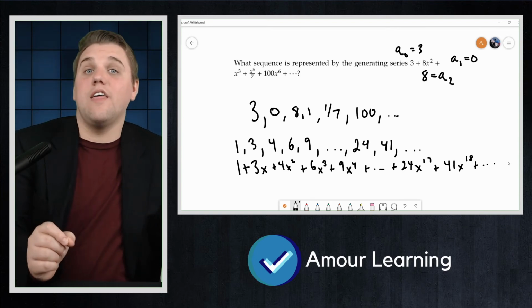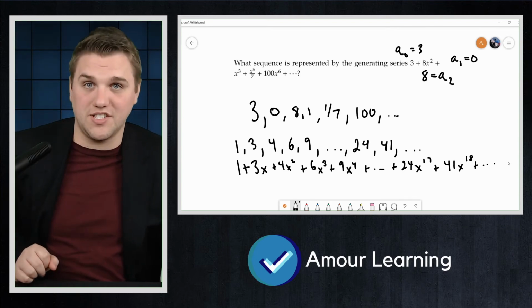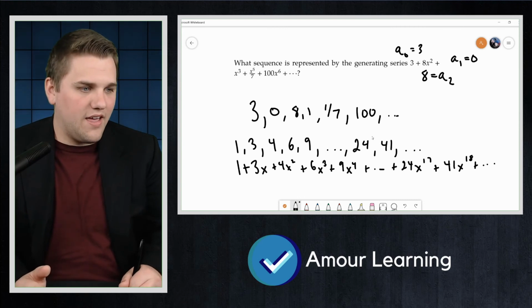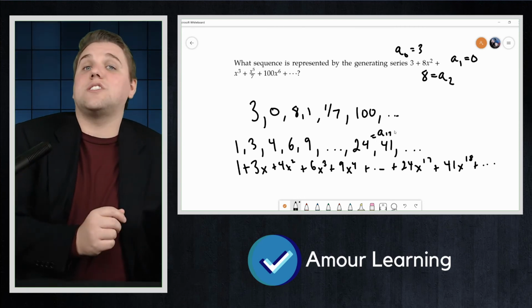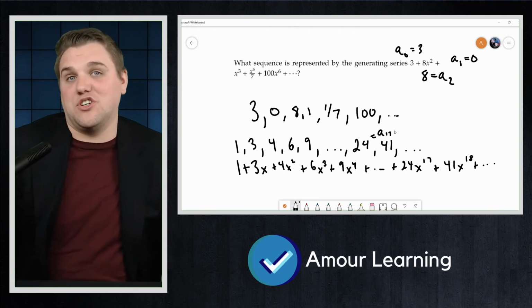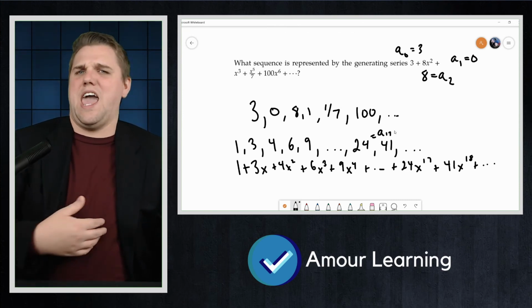Now it's clear that 24 is the 17th term of the sequence, meaning that this is a17. Of course, to get this benefit, we could have just displayed our sequence in any number of ways.